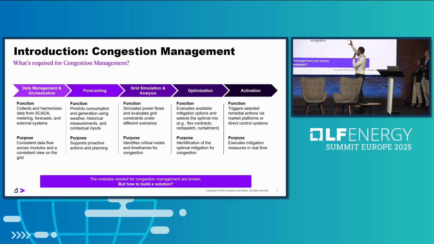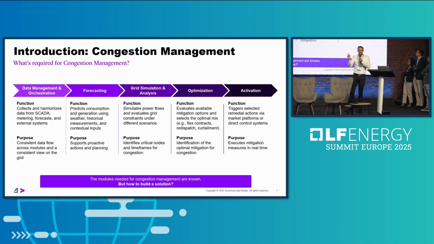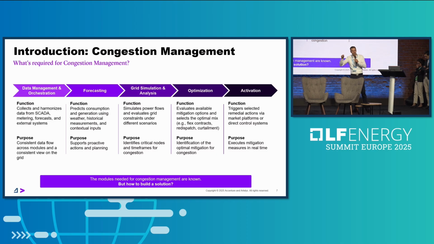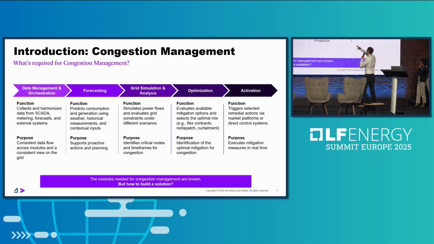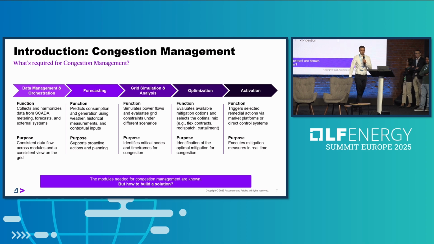And the idea is, how can I maybe combine certain options, or how can I identify which option is the best to solve that specific congestion? This is what the fourth module is all about, to find the optimal solution for the problem. And optimal can here be many domains, can be reliability, but also costs and so on. And then, if you have identified the optimal solution, of course, you also want to activate it in the fifth module, in real time.